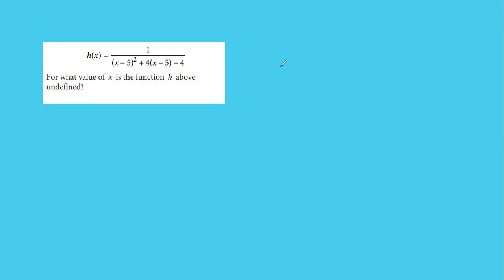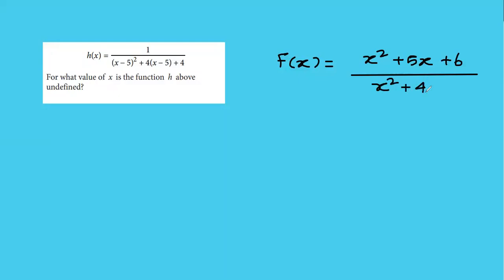Let's take a function f(x), which is given by x squared plus 5x plus 6 over x squared plus 4x plus 3. If I factorize the numerator, you will get the factors x plus 3 times x plus 2.